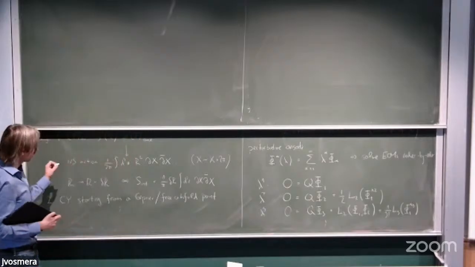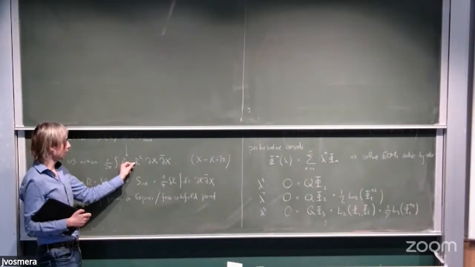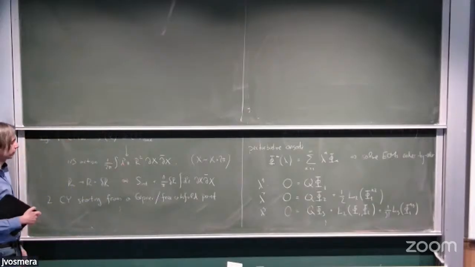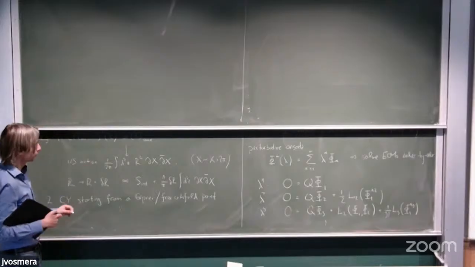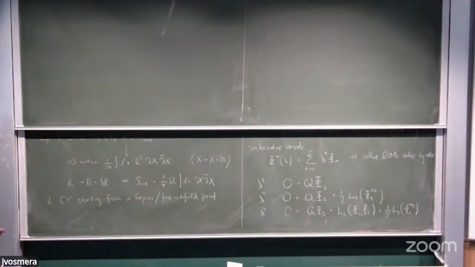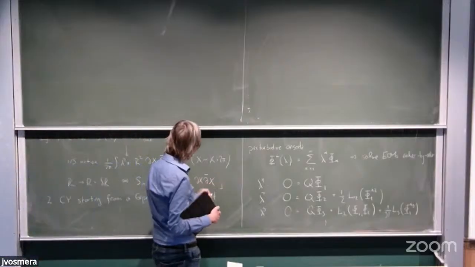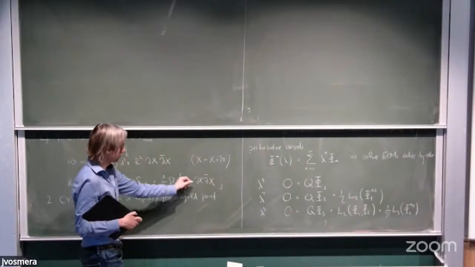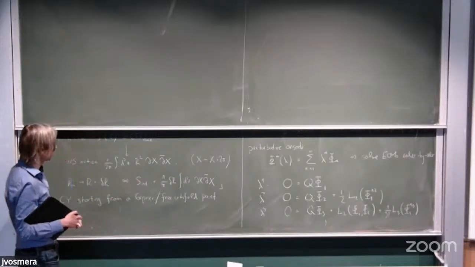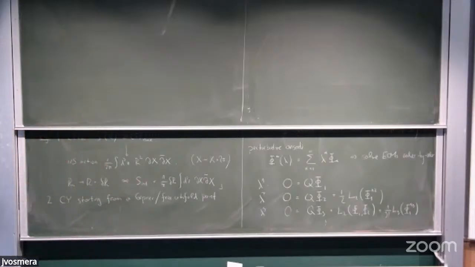As you can read off from the action, you can expand r in r plus delta r at the level of the action, and you can directly read off that changing the radius corresponds to adding the following interaction to the worldsheet action. If you add this interaction, which you can read off is marginal, to the action, and you follow the usual rules of conformal perturbation theory, you will find that this precisely changes the radius at the level of the spectrum and the correlations and whatever.